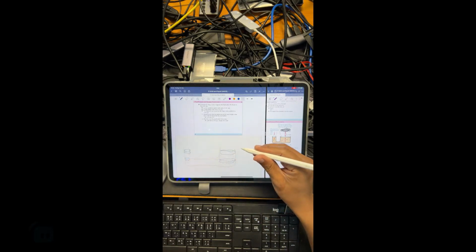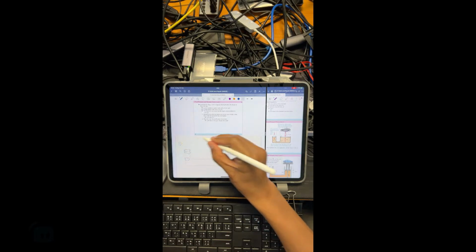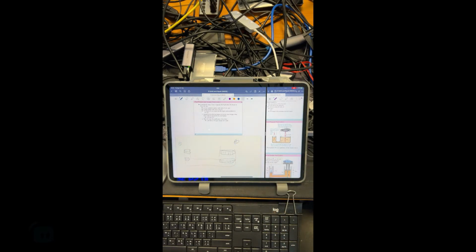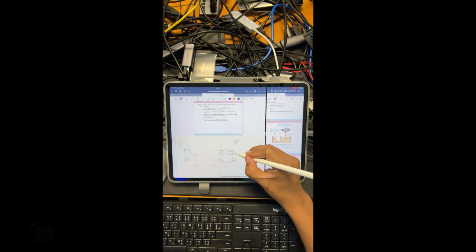This is piston number 1 and piston number 2. The piston moves down by a distance delta Y1, and the other moves up by delta Y2.